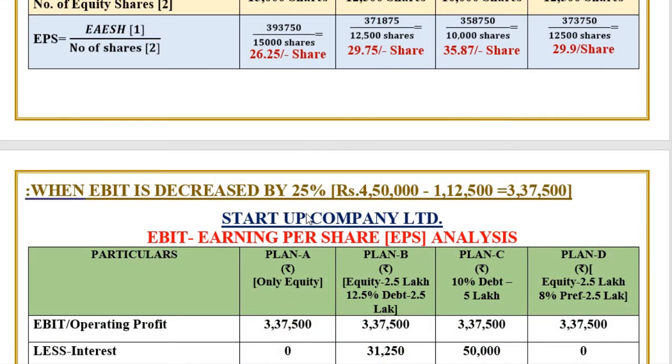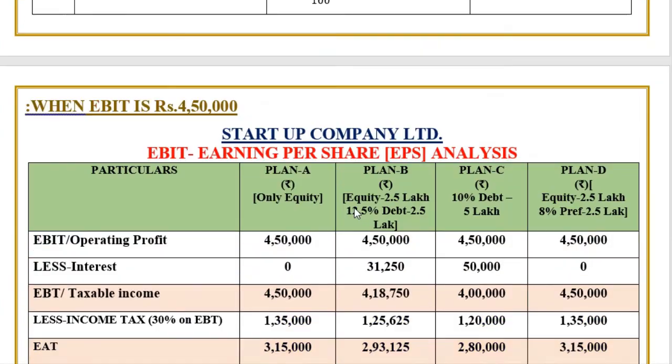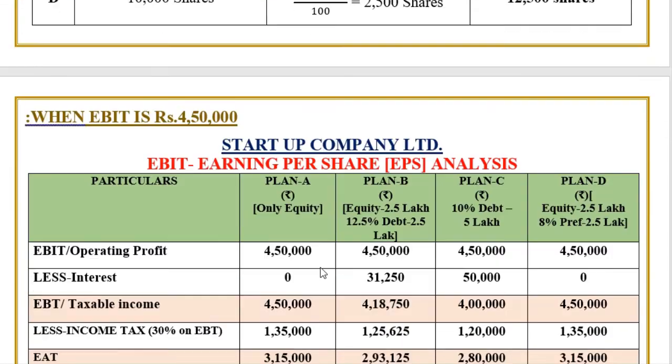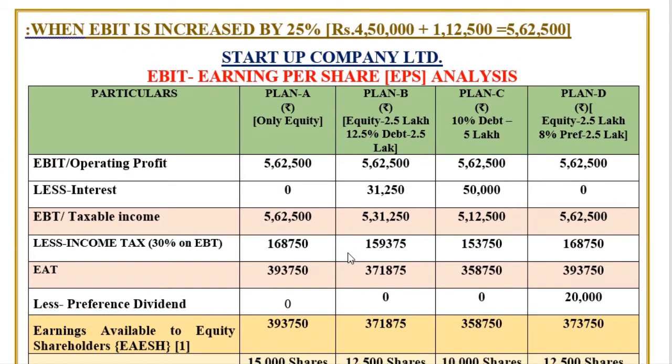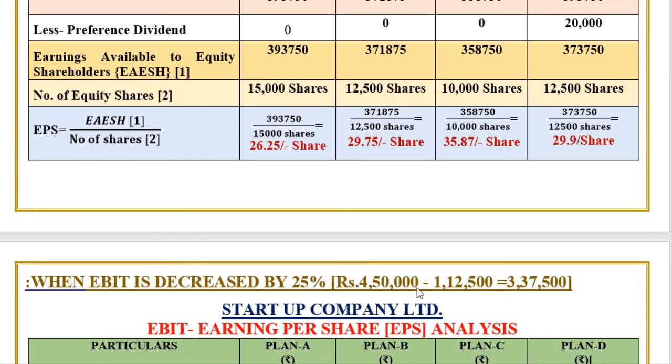If the EBIT is decreased by 25%, so the present level of EBIT is 4,50,000. ಇದೇ ಬೇಸ್ ಲೆವೆಲ್ ತಗೊಬೇಕು. ಸೊ ಡೋಂಟ್ ಕನ್ಸಿಡರ್ ನ್ಯೂ ಇಬಿಟಿ. ಈ ಇಬಿಟಿ ಕನ್ಸಿಡರ್ ಮಾಡ್ಕೊಳ್ಳಿ. ಇದು 4,50,000 minus this 25% of this 4,50,000. So you'll get 3,37,500 rupees ಬರುತ್ತೆ. So if you do calculations, 25% of 4,50,000, 1,12,500. 4,50,000 minus 1,12,500, 3,37,500 ಬರುತ್ತೆ.